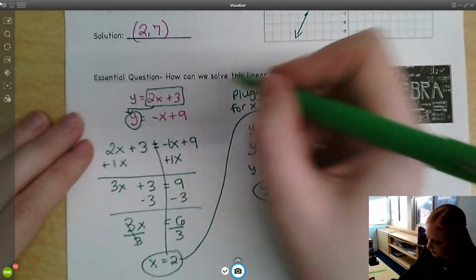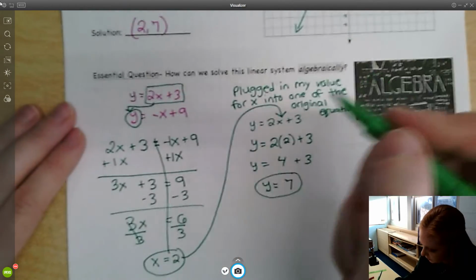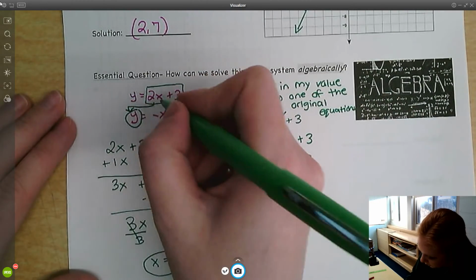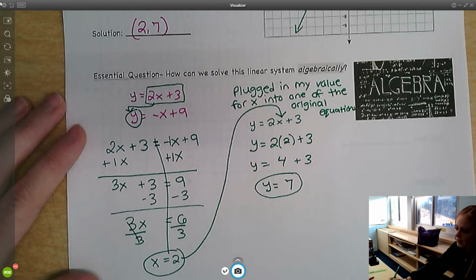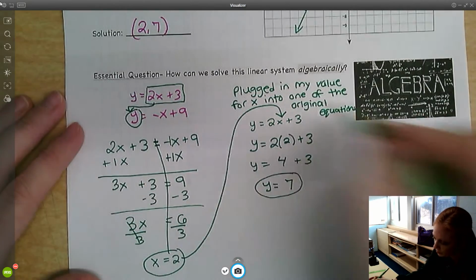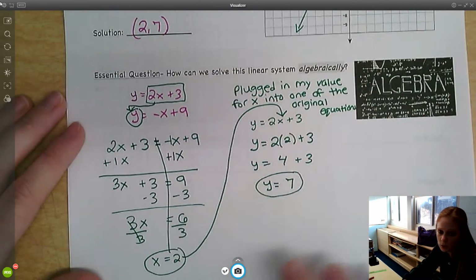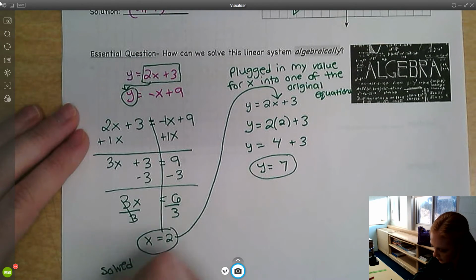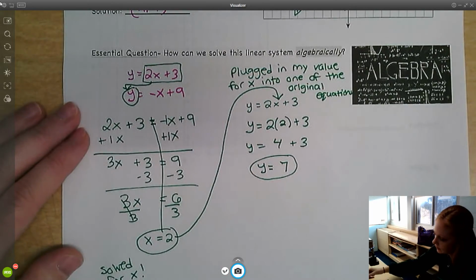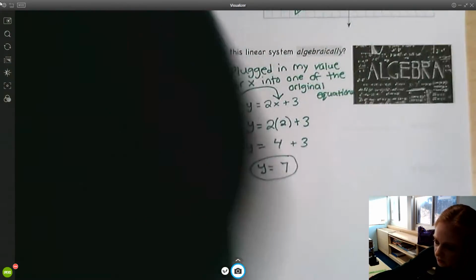Okay, so this was step, let's see. So the first thing we did was we took 2x plus 3 and we substituted that in for y, and we solved for x. And then we plugged in what we got for x into this equation. So over here we solved for x. And then up here, let's see.